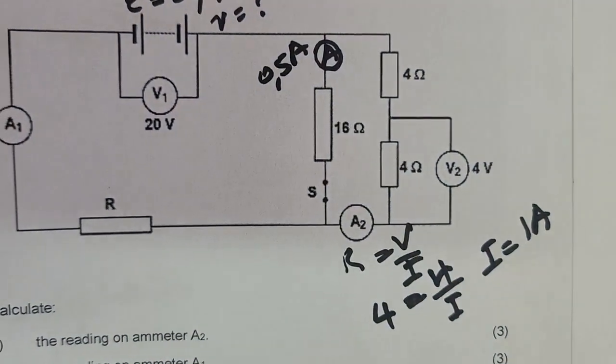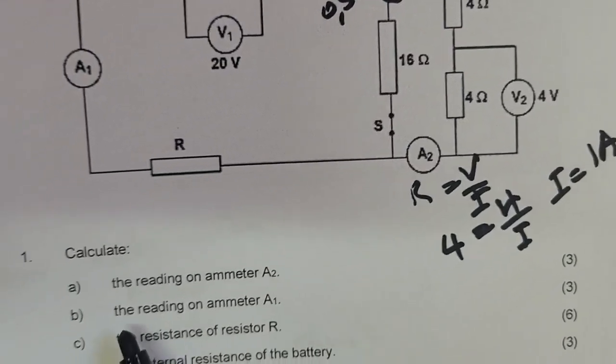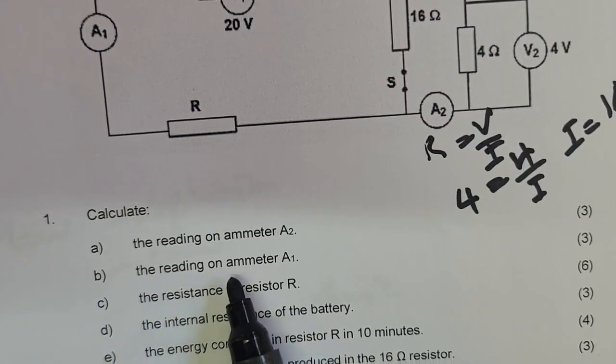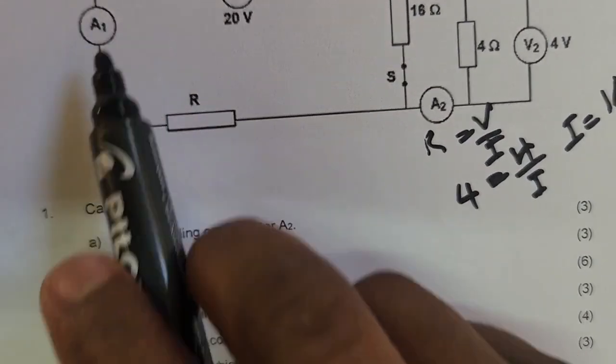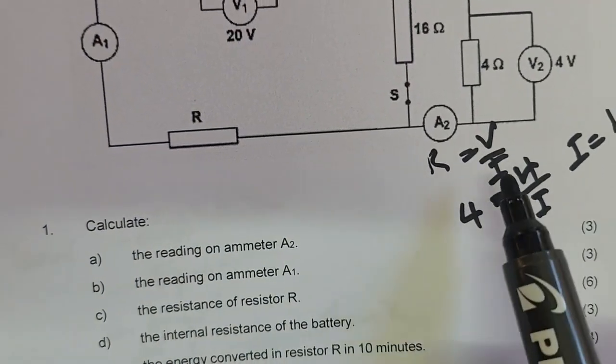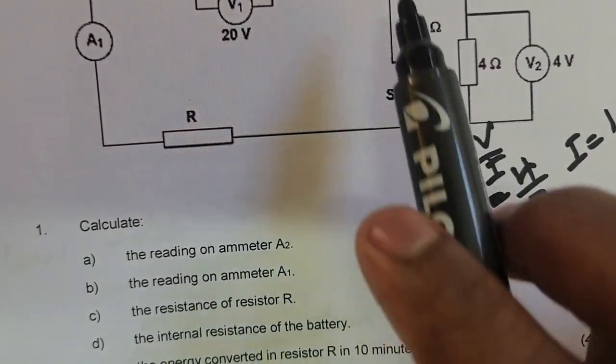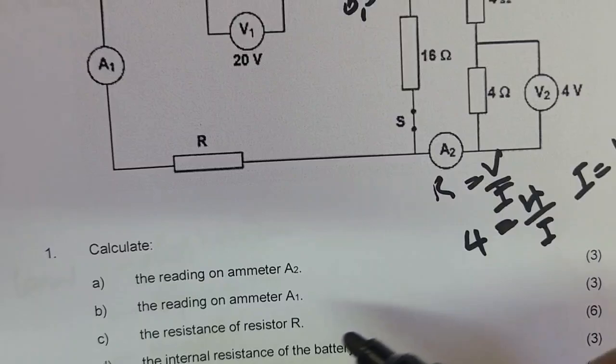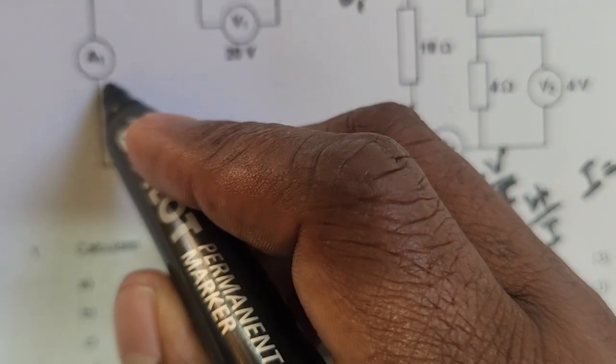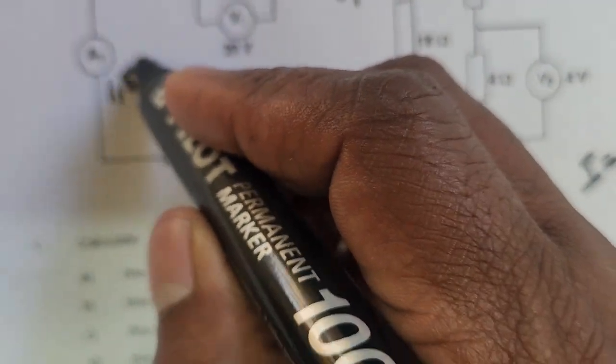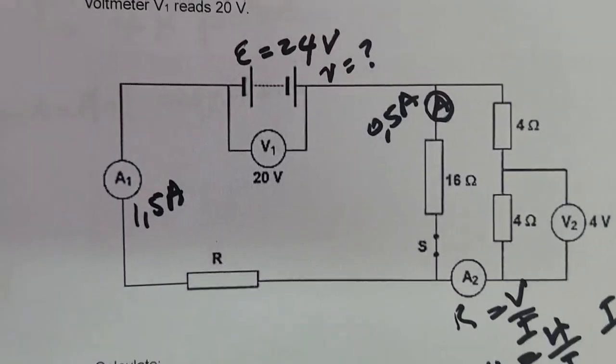Fine. Then the second question asks us to calculate the reading on ammeter A1. A1 is the total current in the circuit. So it will be the sum of 1 ampere plus 0.5. Therefore, the reading on A1 will be 1.5 amperes. Fine.